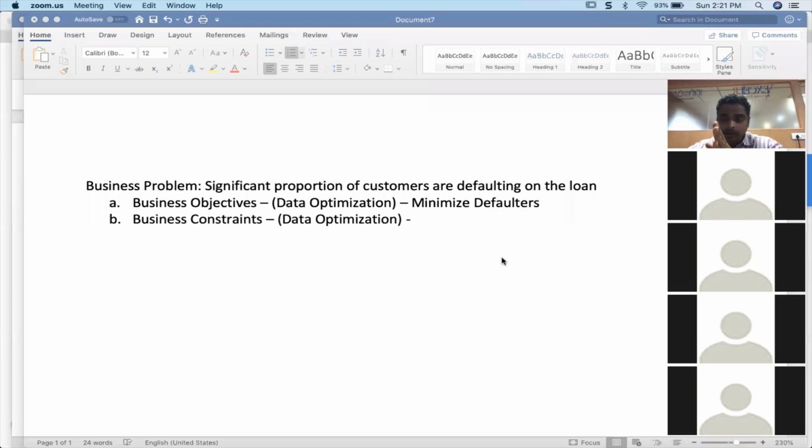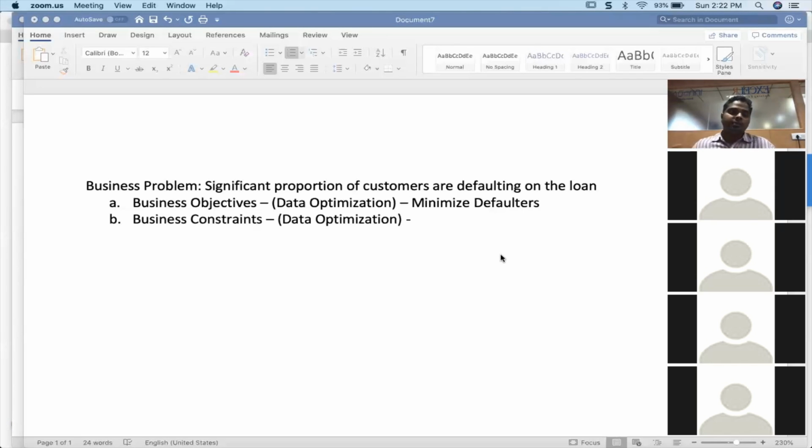If the probability value is greater than 0.5, you will say it is going to belong to class 1. Class 1 means people will default. The probability value of 0.5 is what you choose as a midpoint.